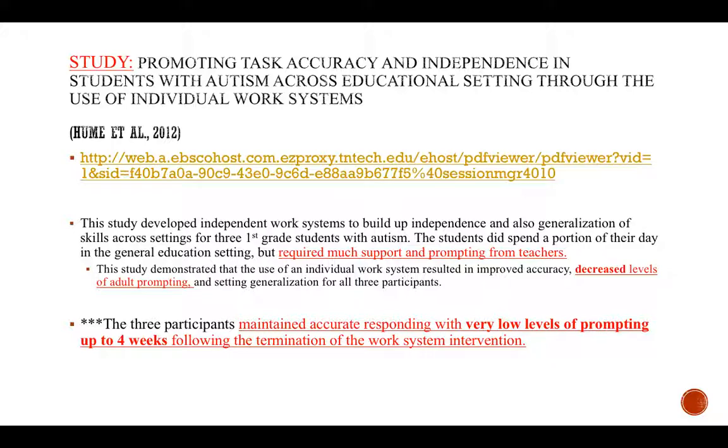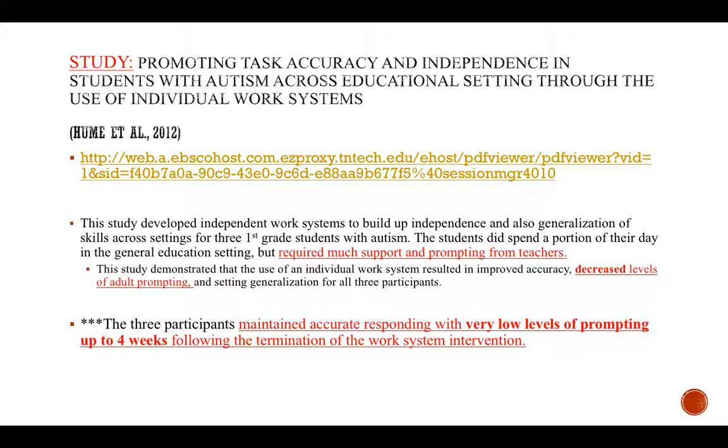It was an easy read. "Prompt dependence hinders the ability of independent skills, reduces the student's level of participation, and increases overall indifference as well as learned helplessness." That was a quote from Hume, and I really liked that quote. I thought it was a very good hook to this whole article.